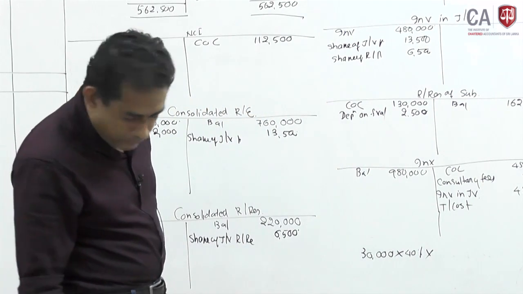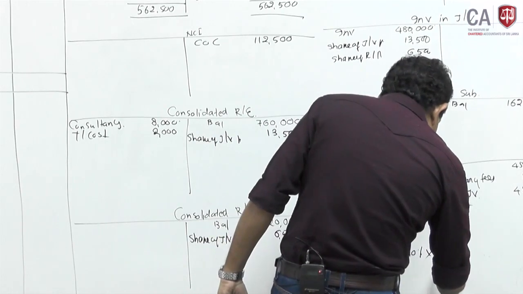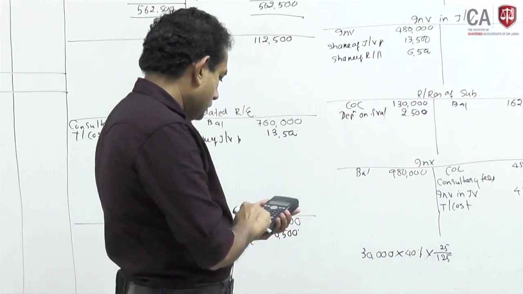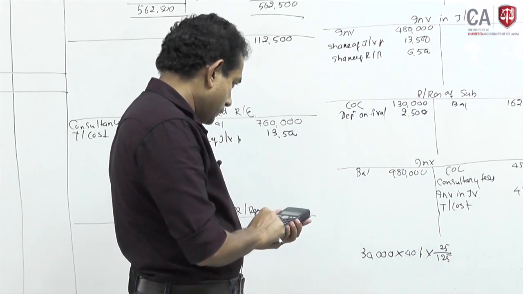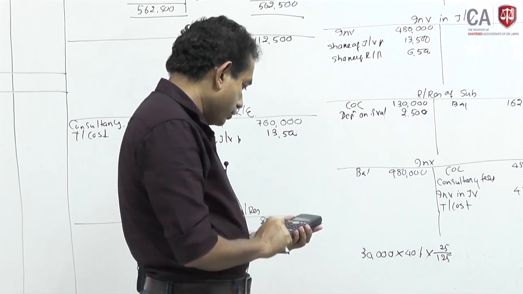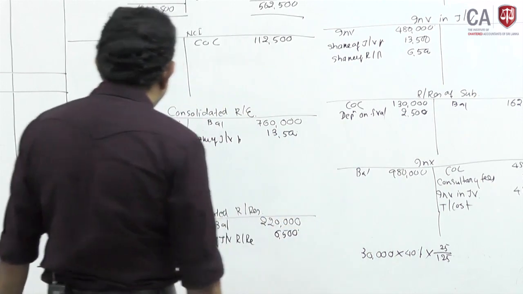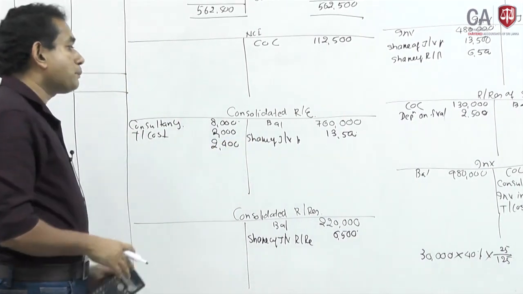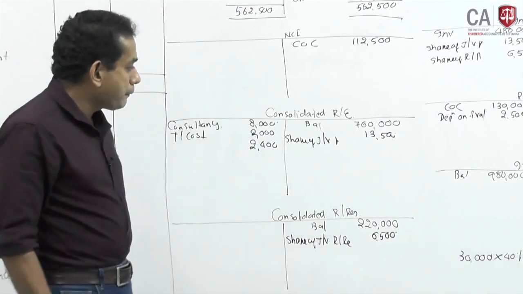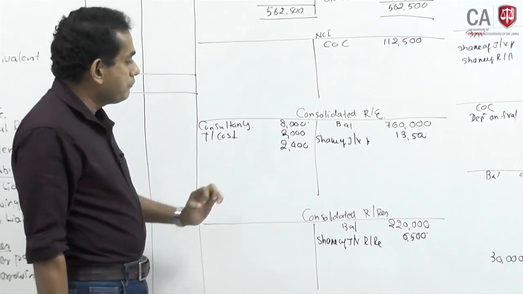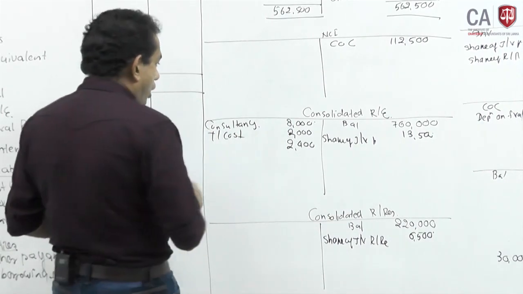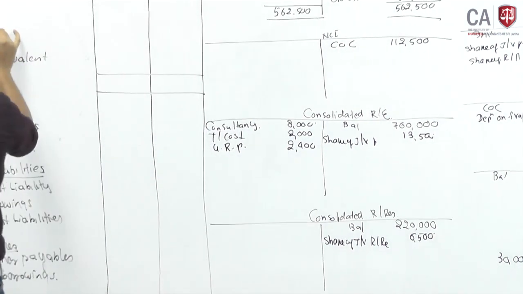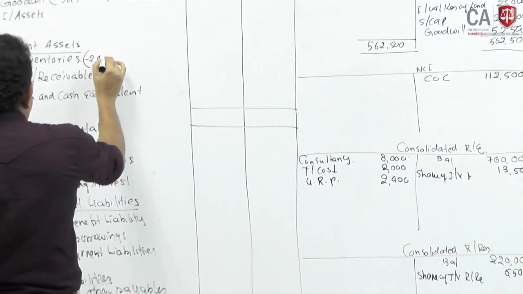Profit markup has been 25%, divided by 125 into 25. 30 into 40 divided by 125 into 25 should be 2,400, debited to consolidated retained earnings. The unrealized profits need to be deducted from the selling company. Since the parent company was the selling company, we are deducting unrealized profit from consolidated retained earnings. And also we will deduct it from the inventories, minus 2,400 from inventories.